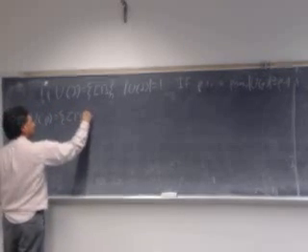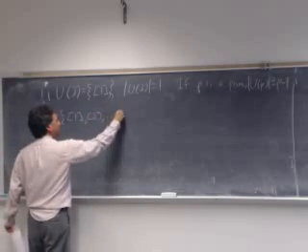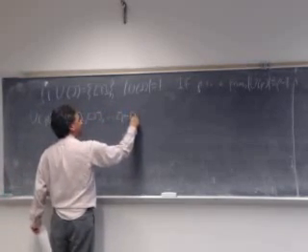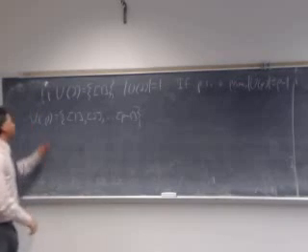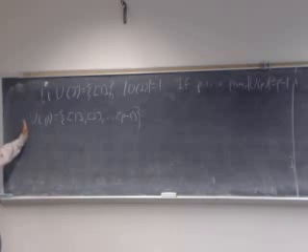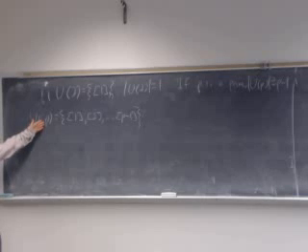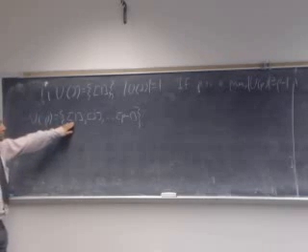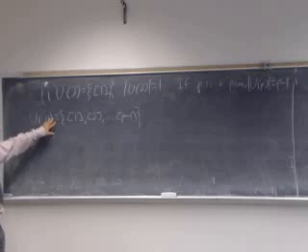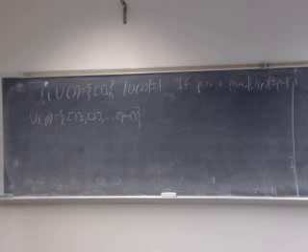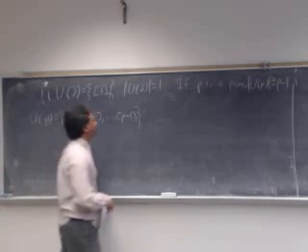Just 1, 2, all the way up to P minus 1. Because P is a prime number, so nothing smaller than P can divide it. Can't have any common factors besides 1. And 1's okay, right? The GCD of 1 and P is 1. And then everything else, the GCD with a prime has to be 1, since all those numbers are less than P. So we get sort of the maximum amount of elements.